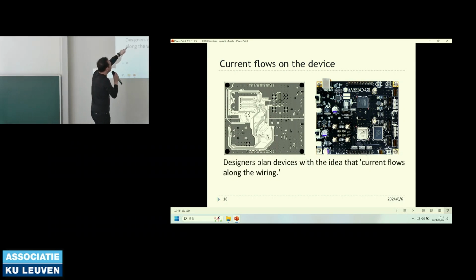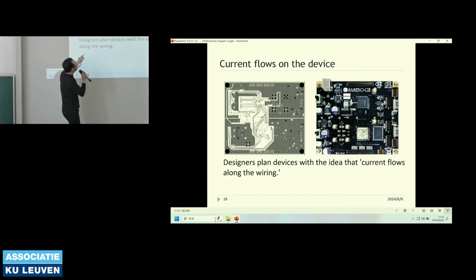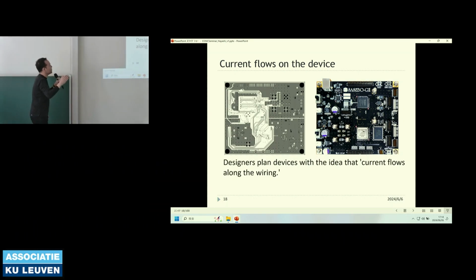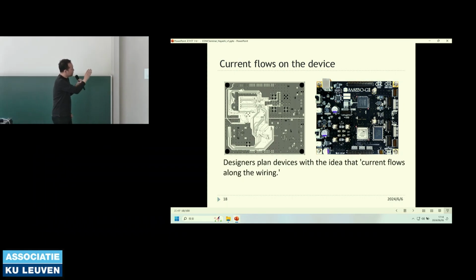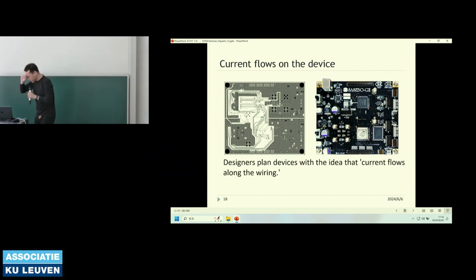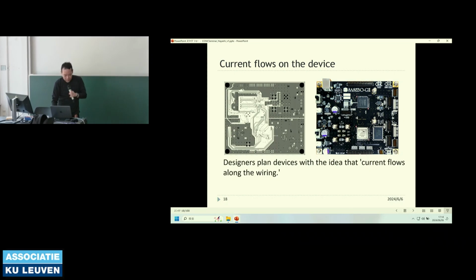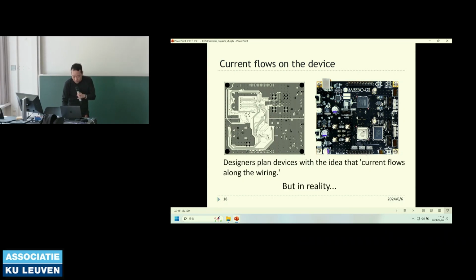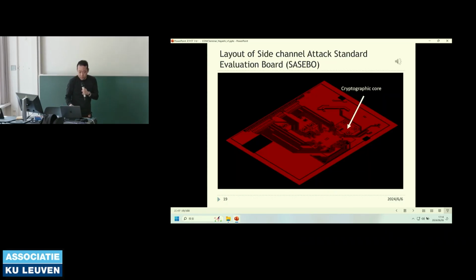But it is difficult to keep this in the real layout. This is the layout data of the Sasebo G2.